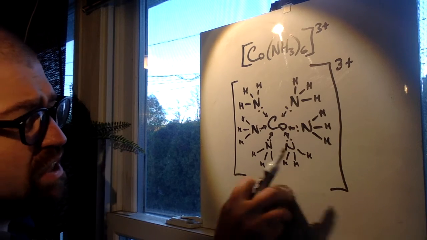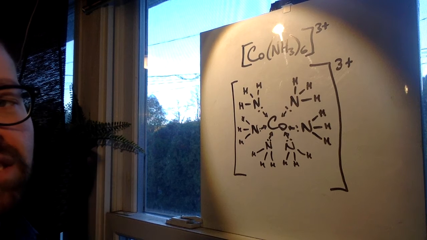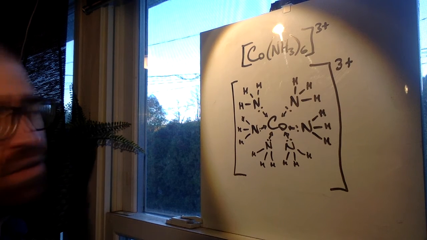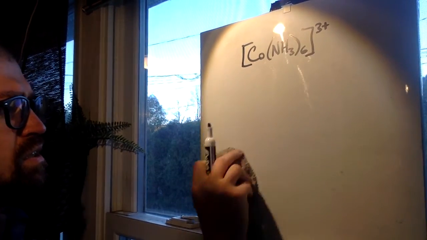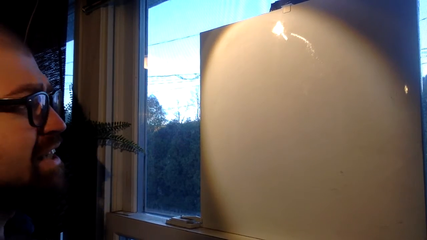You can also have a scenario where the ligands have a charge. So, for instance, you can have the ligands be cyanide. So, in that case, let's draw one more with this. So, let's take the hexacyanidoiron(II) ion.